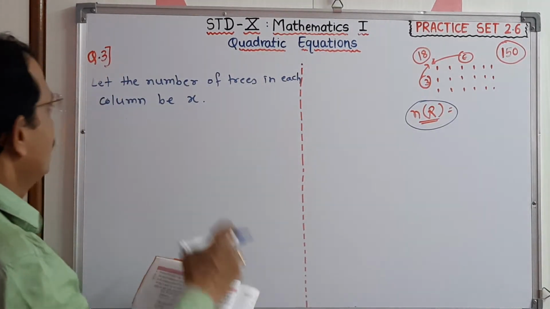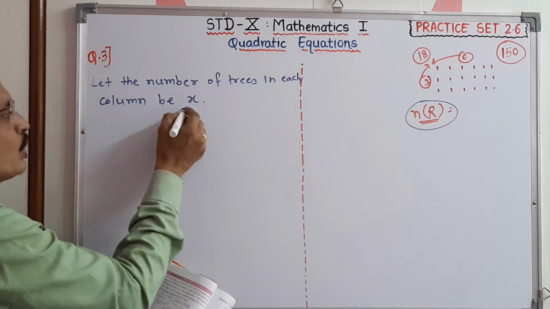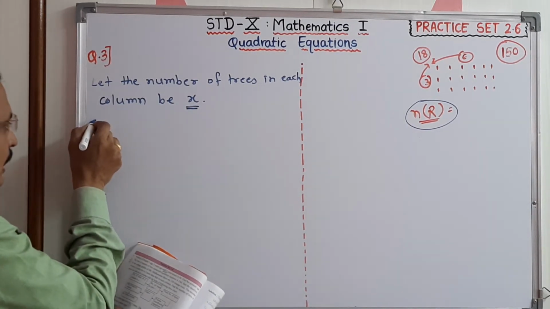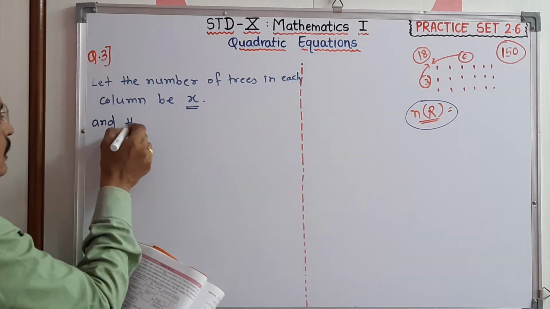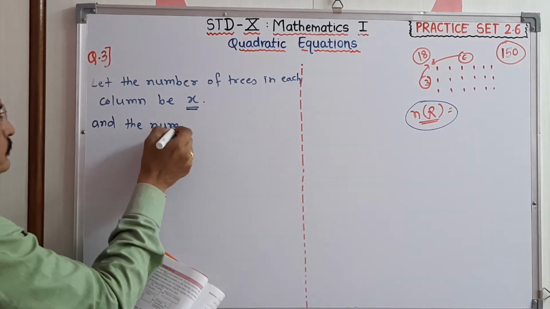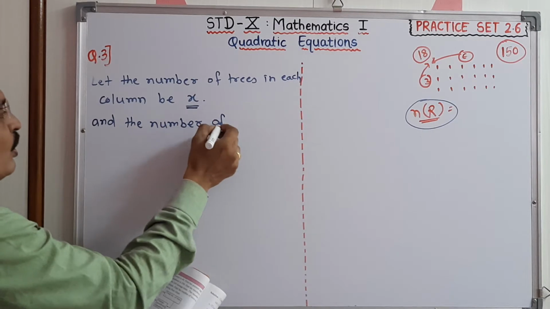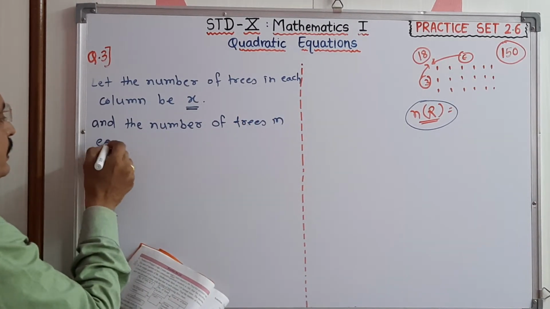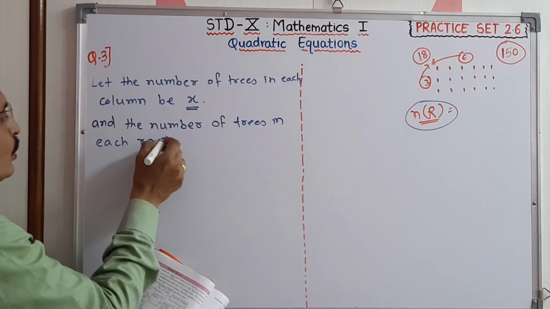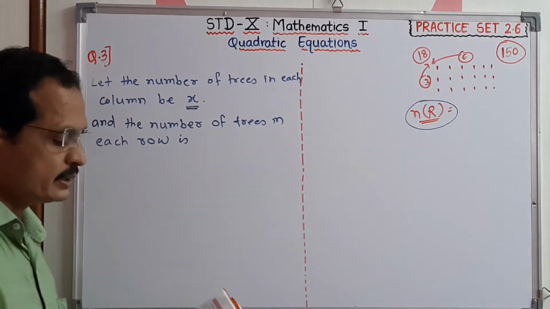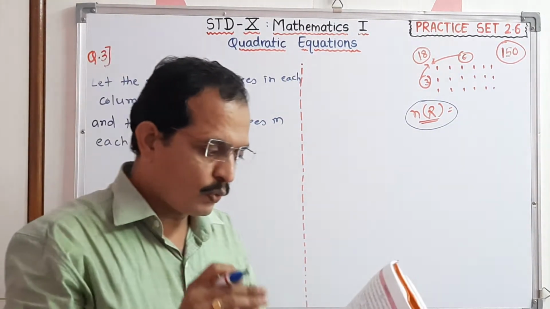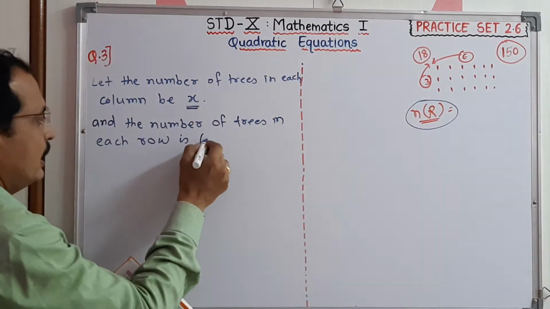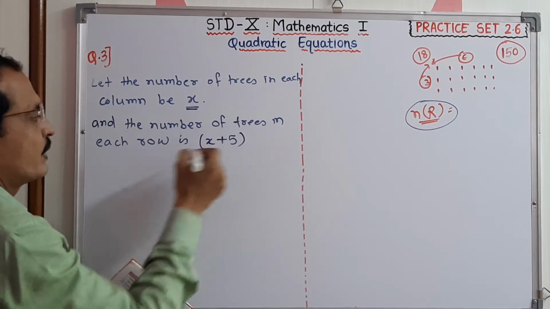Therefore, see here, let the number of trees in each column be x. Now we have to find out the number of trees in each row. How is it? It is 5 more. That means x plus 5.